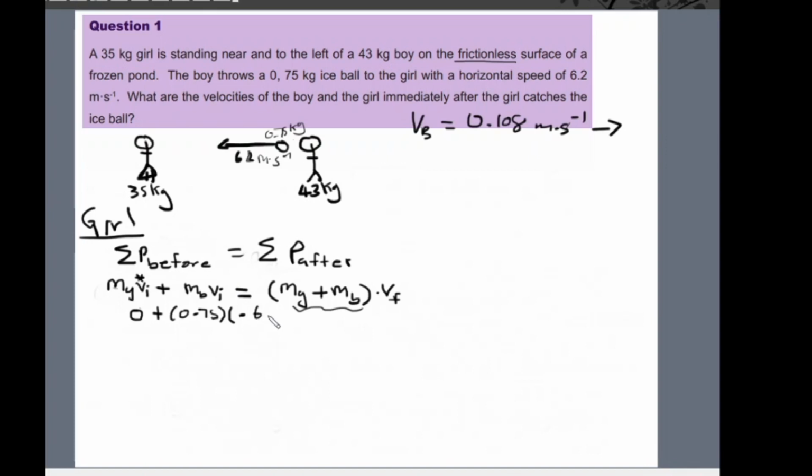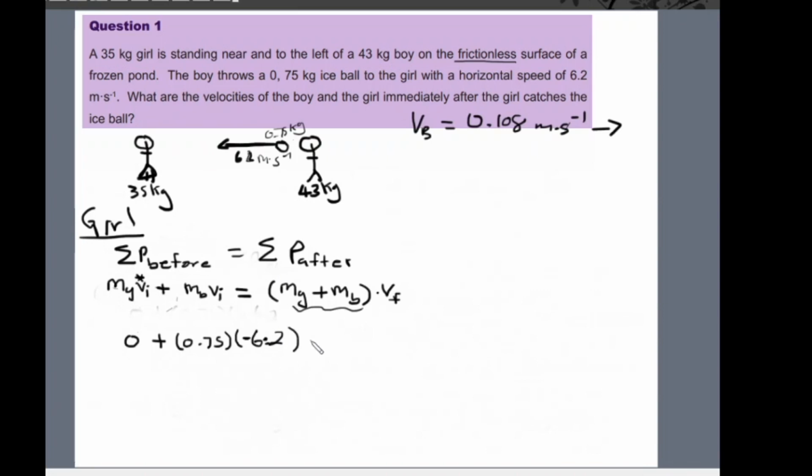So the initial velocity is negative 6.2 because it's moving to the left towards the girl.